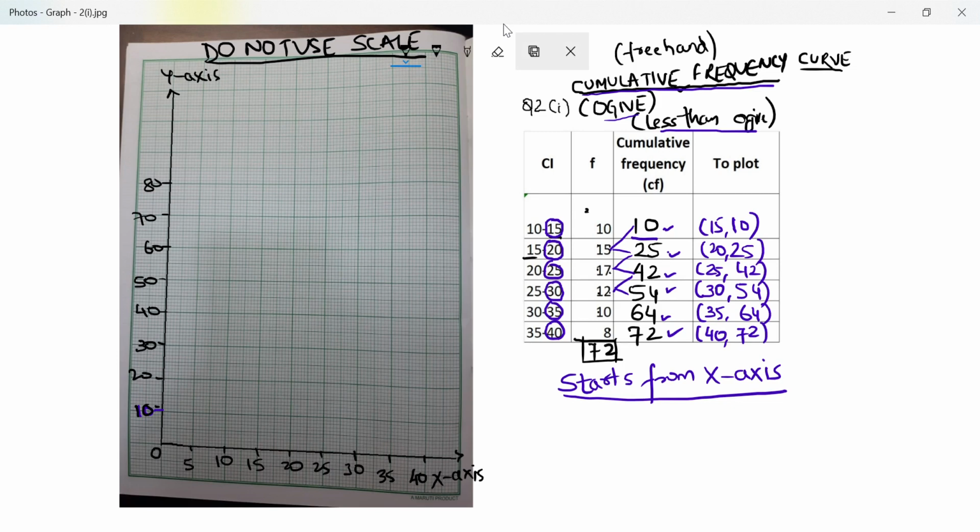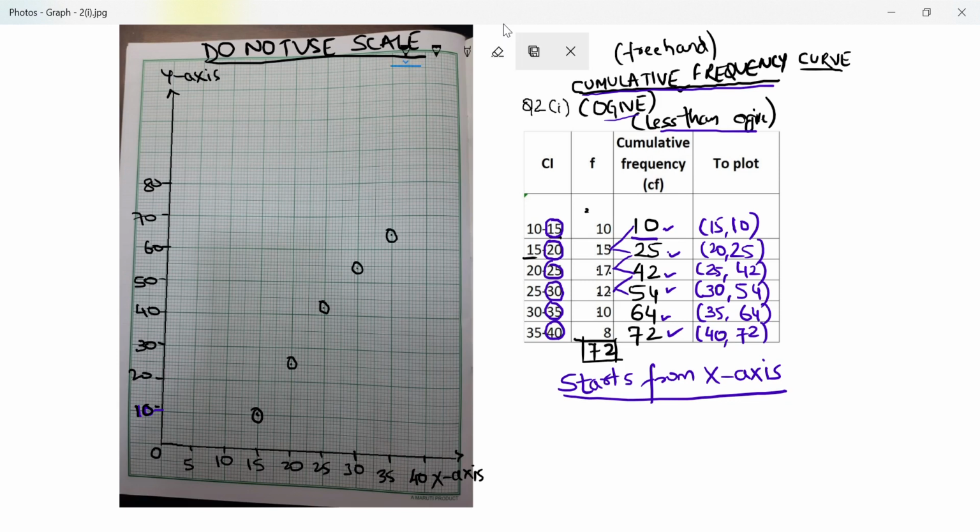So I need to plot 15 with 10. So 15 with 10, that's my first point. Then 20 with 25. That's the middle point exactly between 20 and 30. 25 with 42, that's 2 units above 40. Next is 30 with 54, that's 4 units above 50. Next is 64, that's 4 units above 60.